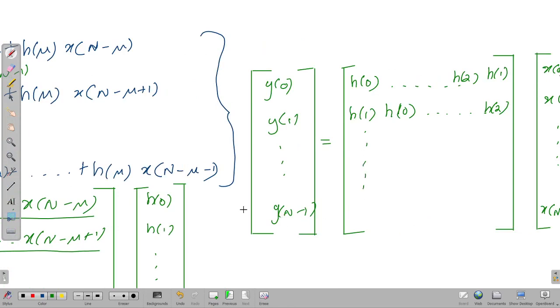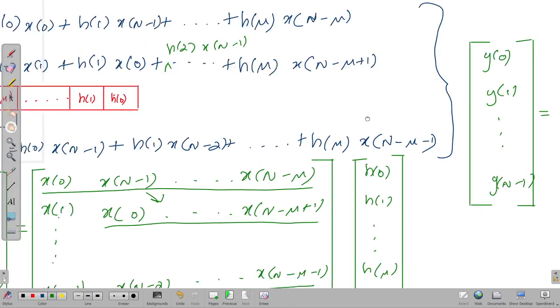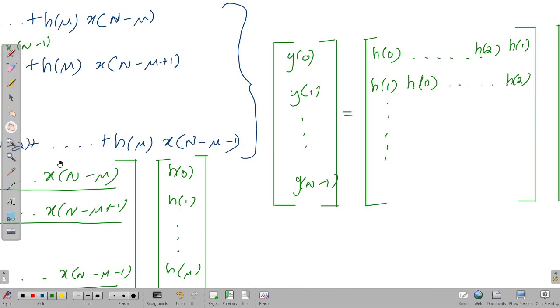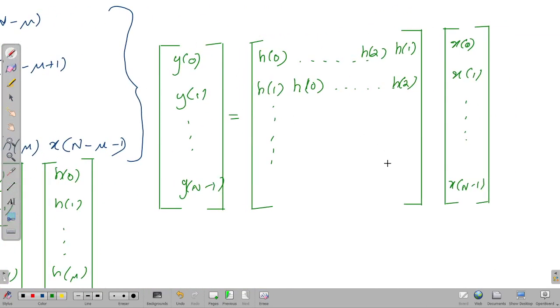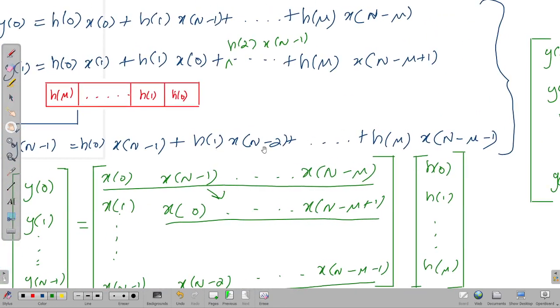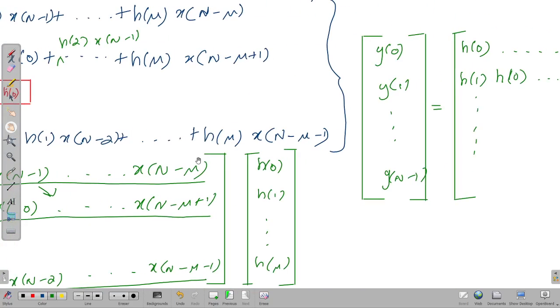It goes up to y of n minus 1, where x of n minus 1 is getting multiplied by h of 0. So you have here h of 0. X of n minus 2 is getting multiplied by h of 1.